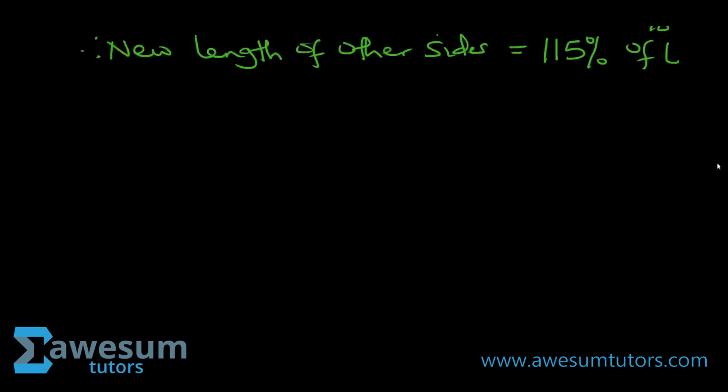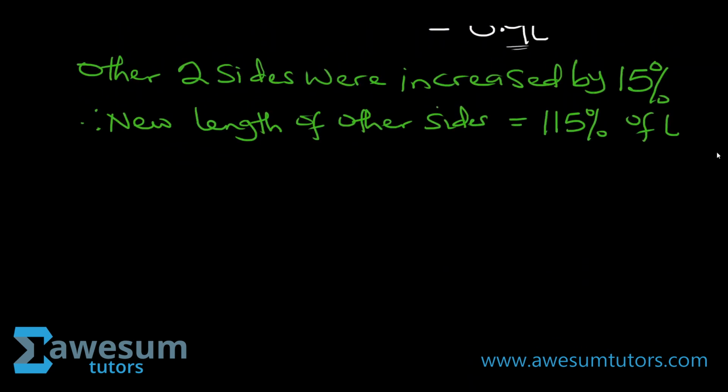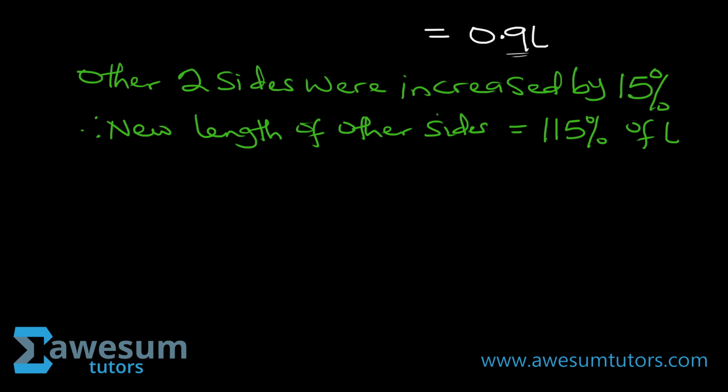If they were increased by 15%, it means their new length is now 115%, because it's 100 plus 15, which is 115 divided by 100 times L. And 115 over 100 is 1.15, times L, 1.15L. Very good guys, very good.